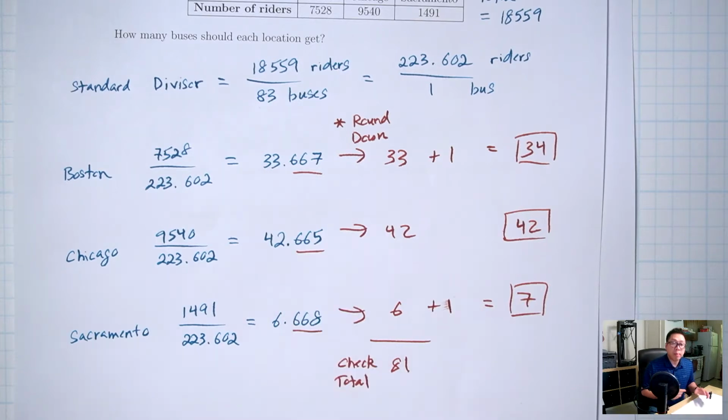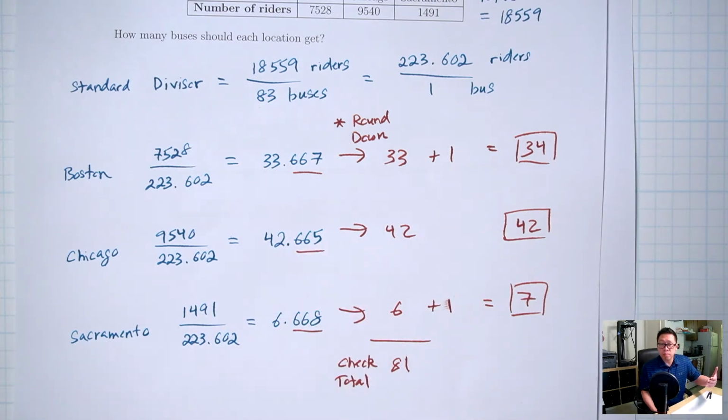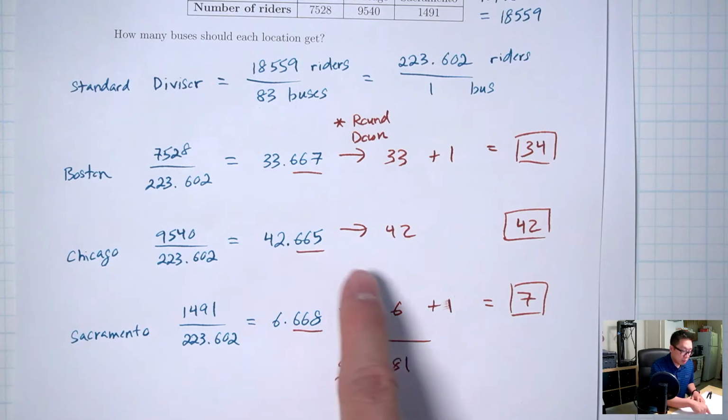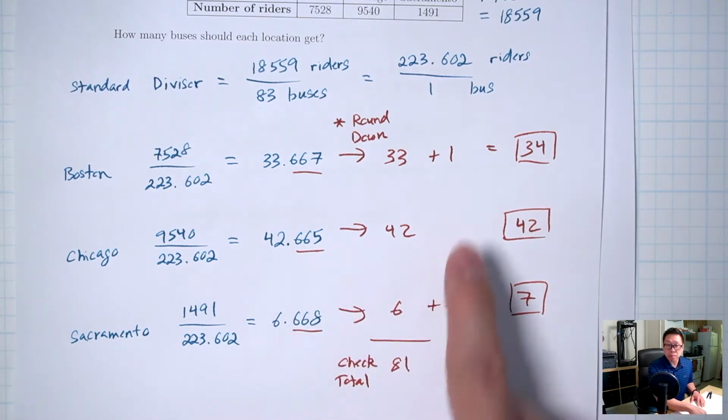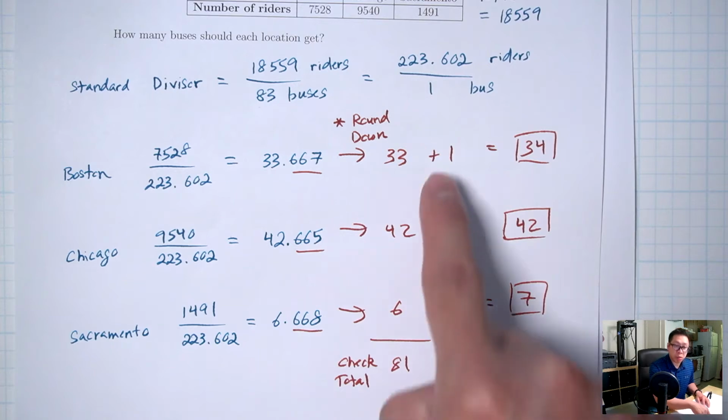So it's so close that if anything changes even a little bit, what could happen is right now 665 is in third place. If you say change the population or add on a new representative or add on a new state, any small changes could put this third place into first place. And if that happens, then Chicago is going to get the extra, which means either Boston or Sacramento is going to lose their representative. So these paradoxes are happening in part because we're giving away these extras at the end.